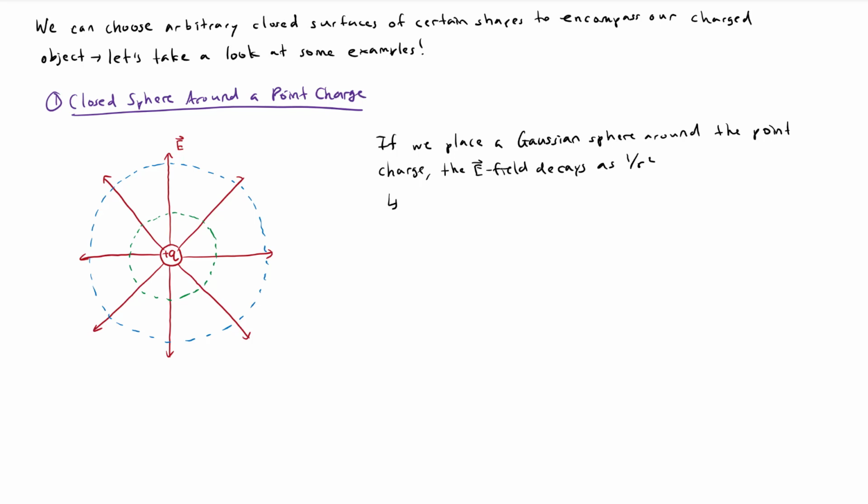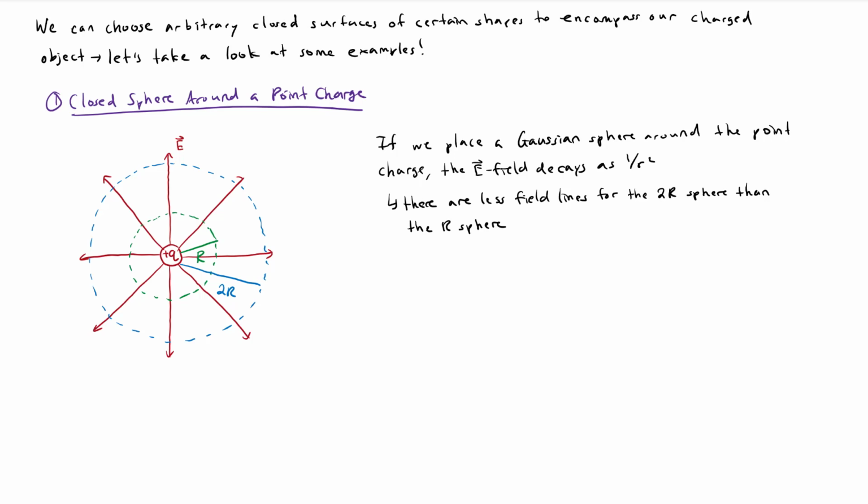So that means there are fewer field lines for a sphere of radius 2r, for example, than the sphere with a radius of r.